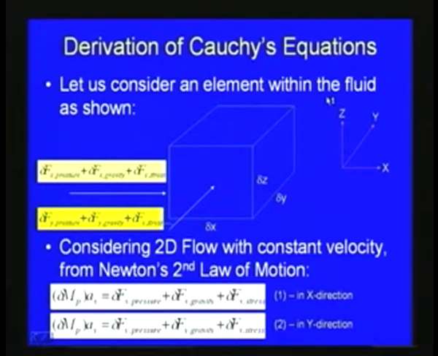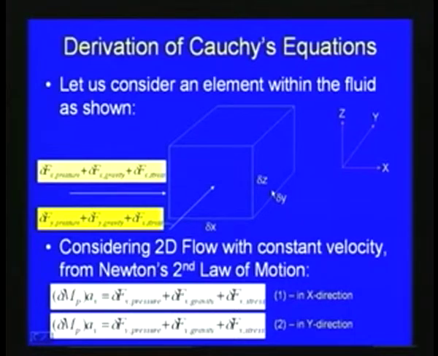Let us consider an element within the fluid as shown here. Here a fluid element of size delta x, delta y and delta z we are considering. The various forces, as we have seen earlier, are the pressure force, delta Fx pressure, the gravity force, delta Fx gravity, and delta Fx stress forces.